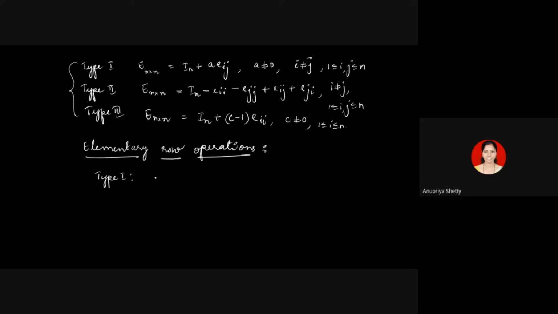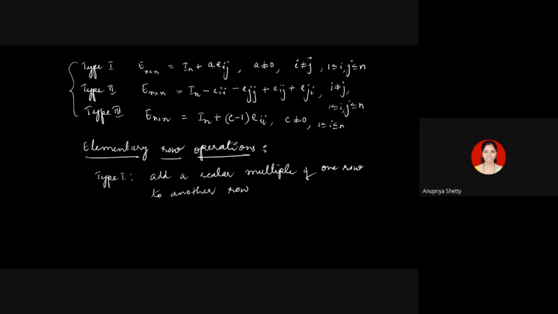So here in type 1, you add a scalar multiple of any one row to another row.